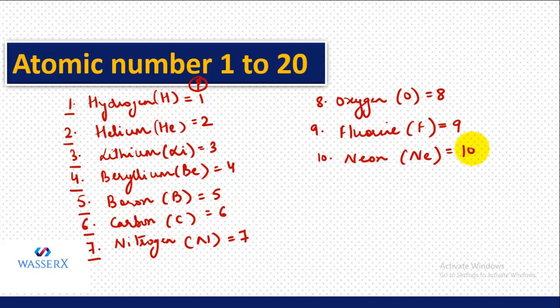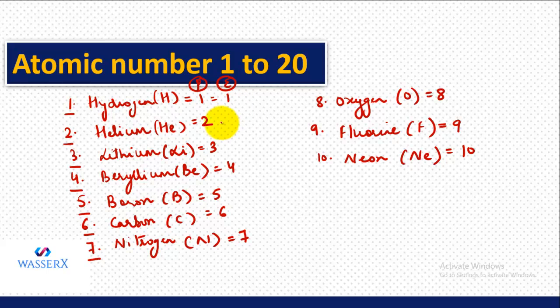So this is how you are going to remember the atomic numbers. And sometimes you get a question like this, that you have an atomic number and you need to find the protons, or the protons are given and you need to tell the atomic number. So the atomic number is always equal to protons, or protons are always equal to atomic number. Likewise, we know that the number of protons is always equal to the number of electrons, but for an atom.